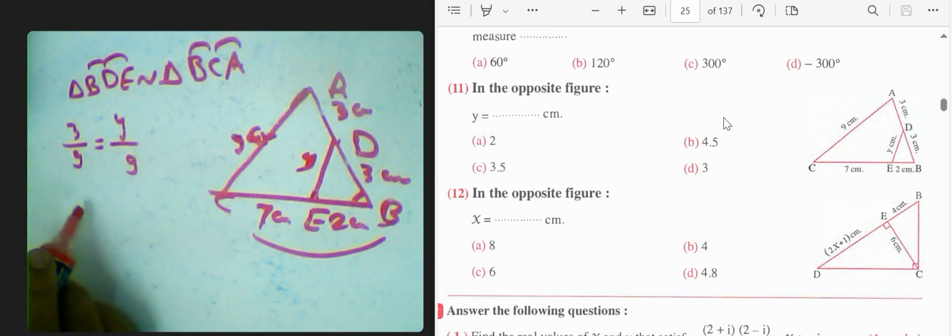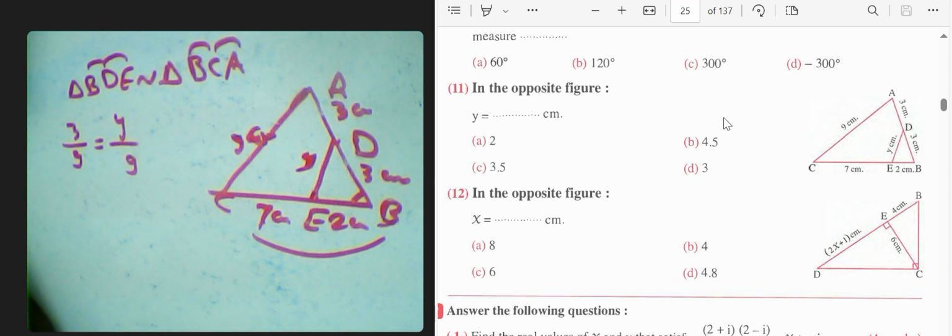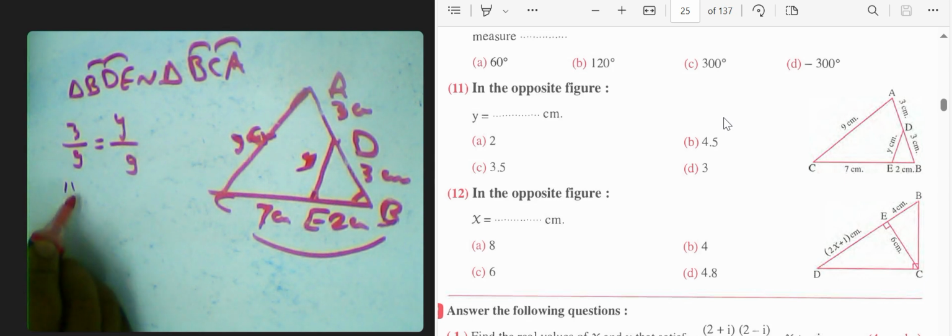And then 3 over 9 equal y over 9. Then you can find the value of y, it will be 3. Okay, choose letter D for question 11.